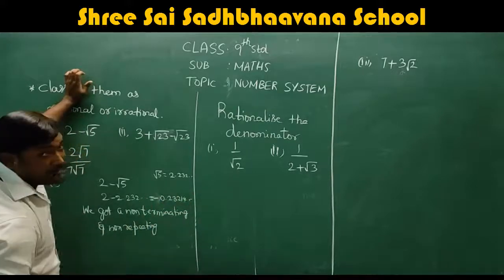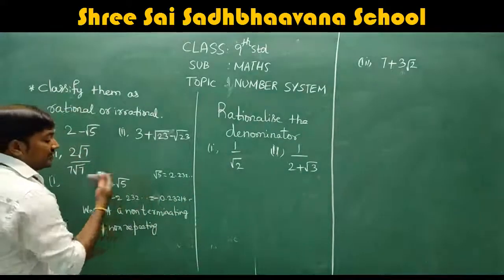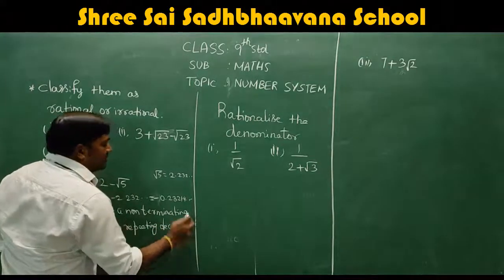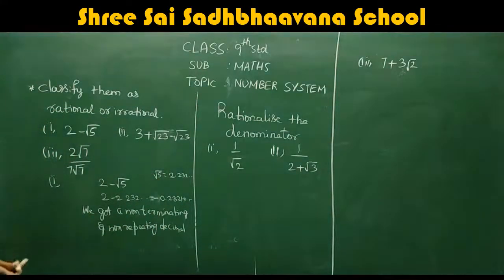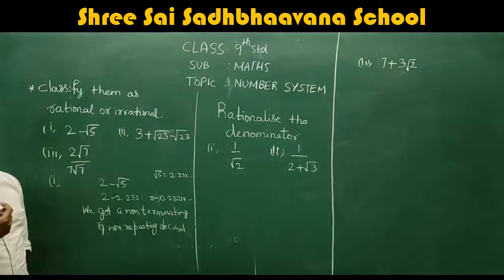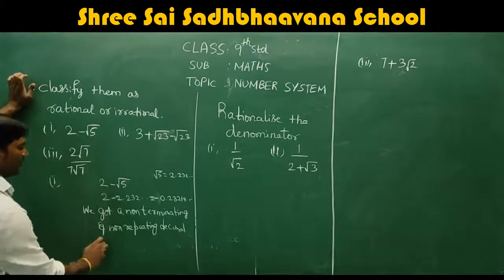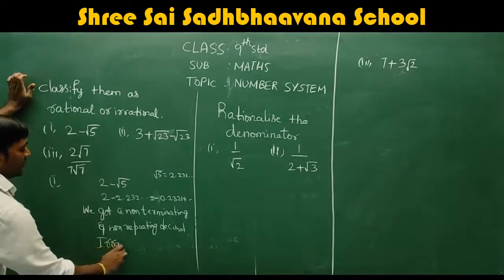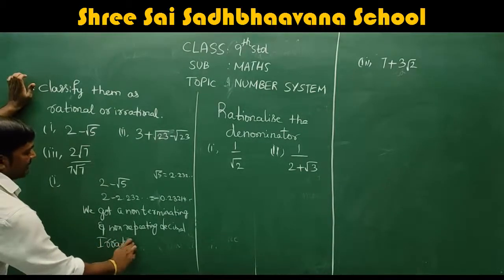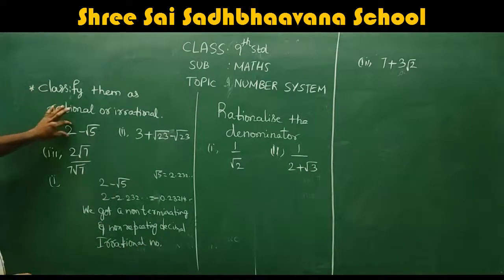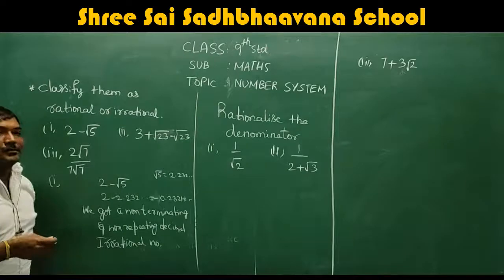There is no order over there. So definitely it is a non-repeating decimal. If any decimal expansion is non-terminating and non-repeating, it is considered as irrational. So 2 minus root 5 is an irrational number.